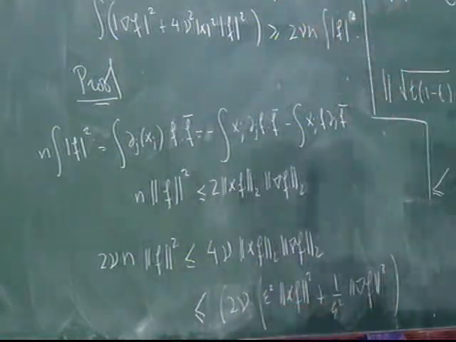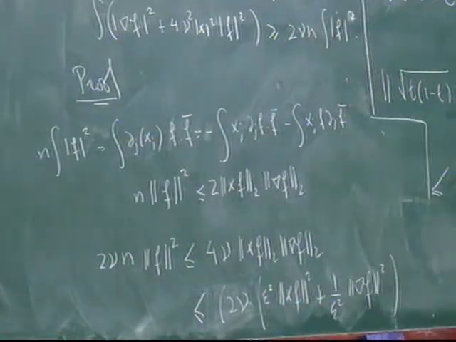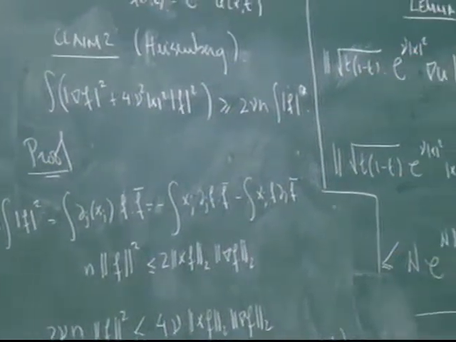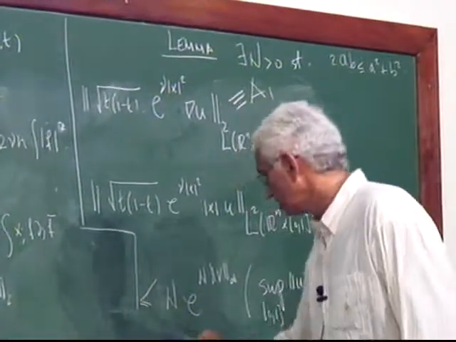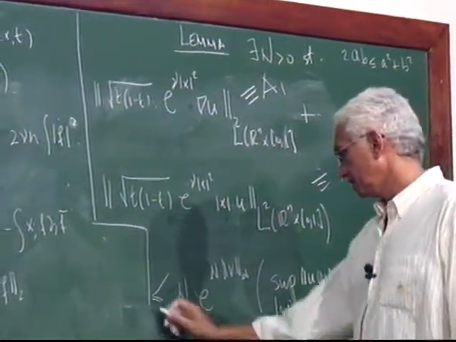I use that A multiplied by B twice is less than A squared plus B squared.